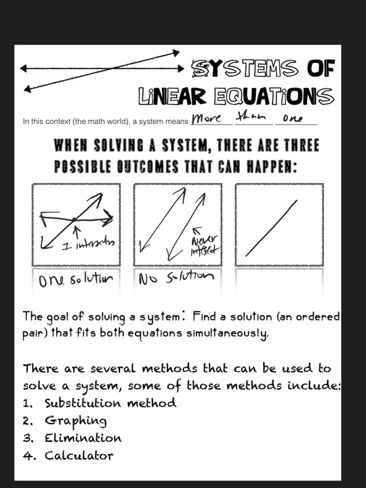The last example, you graph your line, then you graph your second line, and they end up being the same line. This can happen, and if it does happen, that means that you have infinitely many solutions because they are intersecting everywhere. Another way of saying this is saying all real numbers.